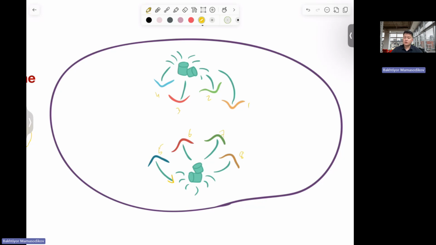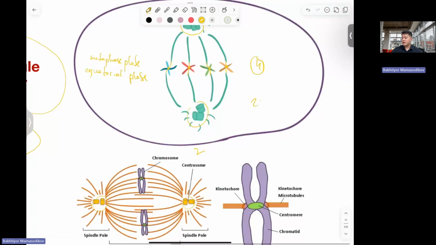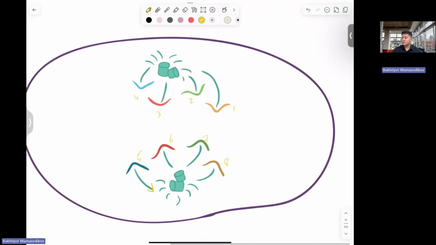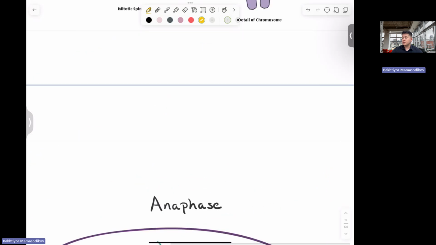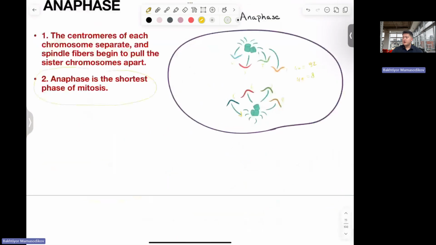We are just dividing the nucleus for now. In one cell we have 8 chromosomes. So the diploid number is 4. Here we don't have the diploid number, we have the tetraploid number, which is 8. In the human body, the tetraploid will be 92. The diploid will be 46 in the human body. Okay, so twice as much.